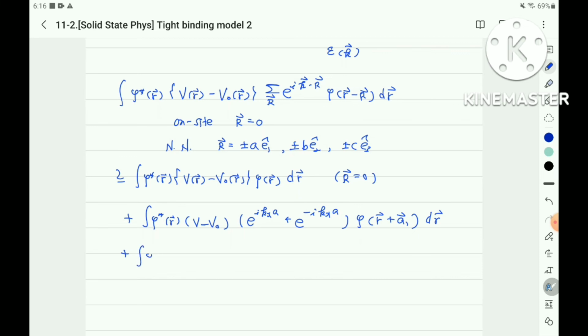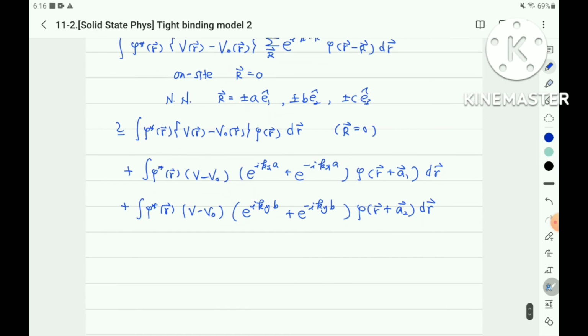it is phi star r, V minus V0, exponential i ky b plus exponential minus i ky b, and the phi here is r plus a2, dr. It is the y direction case, and the z direction case is phi star r, V minus V0, and likewise exponential i kz c plus exponential minus i kz c.